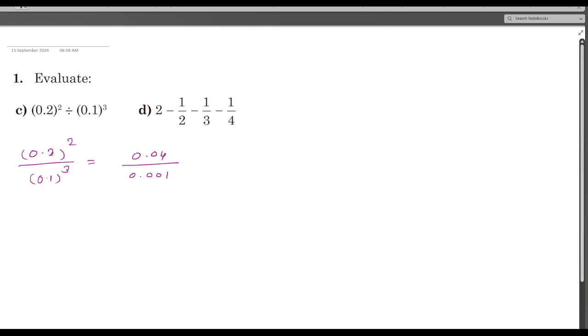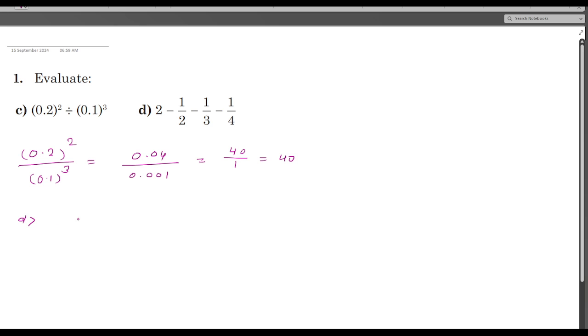Here in 0.2 we have 1 digit after decimal, so when I do square there will be 2 digits after decimal, and similarly in cube there will be 3 digits after decimal. So let us multiply both numerator and denominator by 1000. So numerator I will get 40 and denominator is 1, so your result is 40.